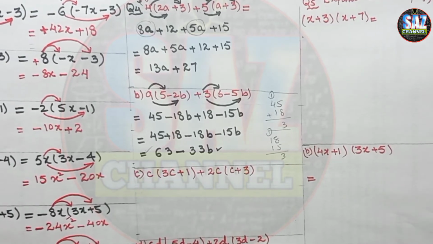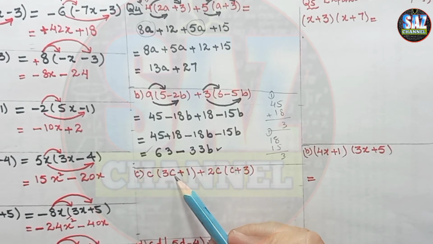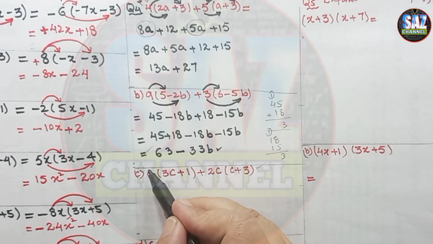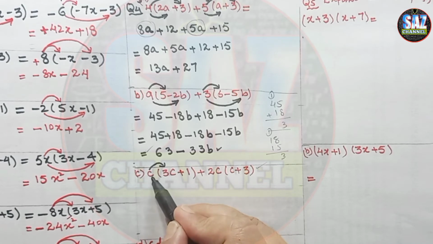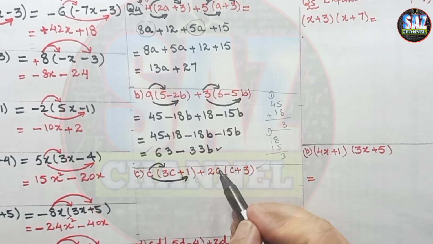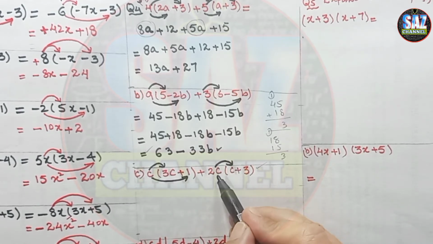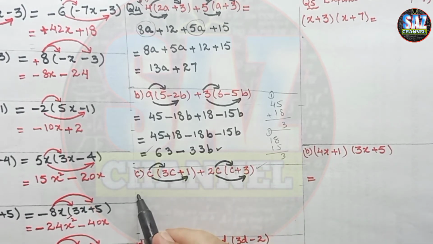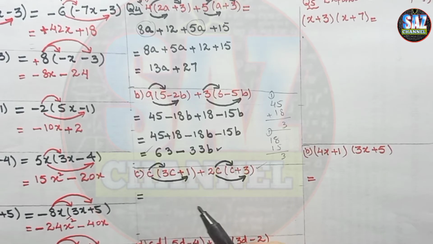Coming to the C part of the question, the C part says c into 3c plus 1 plus 2c into c plus 3. Okay, quickly apply the distributive property: first expand this, remove the bracket. Expansion means to remove the brackets. I'm going really slow for my students so that they can understand this basic lesson easily.